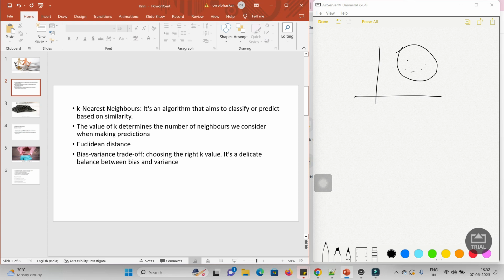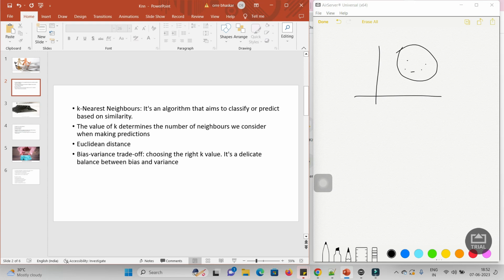In the case of KNN, the variance can be high, especially when using a small value of k. When k is small, the model becomes highly influenced by the specific instances in the local neighborhood, making it susceptible to the noise or outliers in the training data.